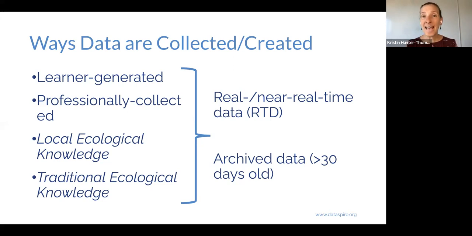One thing that I want to say is, as you're going out and looking for data that other folks have collected, there's a sort of nomenclature on how we organize things online. And this just 100% has to do with organization. Things that are labeled real or near real-time data are often things that have been collected in the last 30 days, though this is industry dependent.